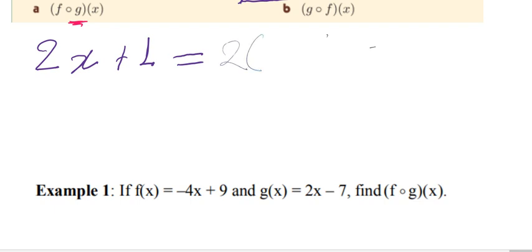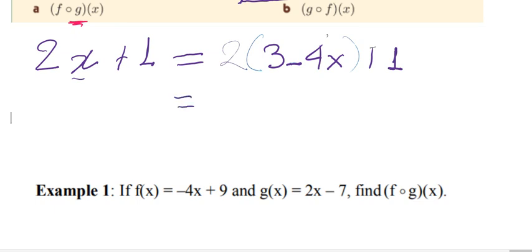Okay, so I'm rewriting this in this manner. 2 brackets 3 minus 4x, close the brackets, plus 1. I hope you understand what I did. I took this and I put it instead of the x.